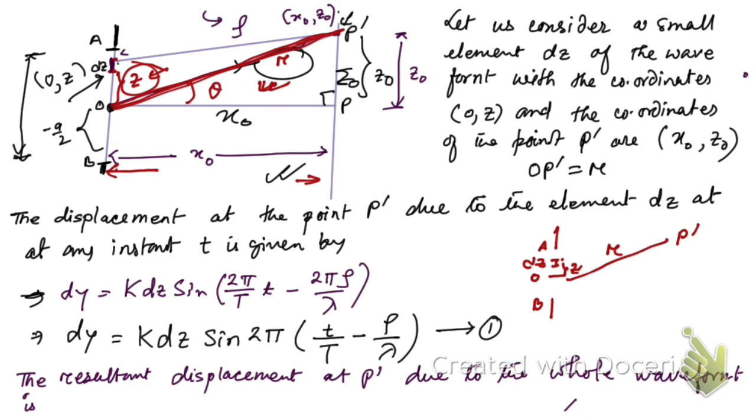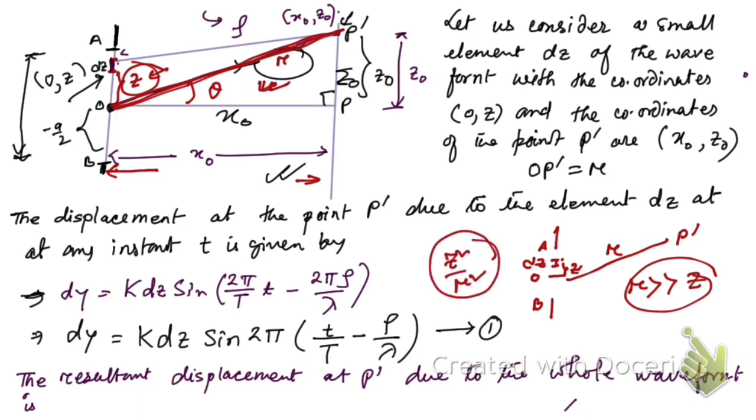So that's why we can say that r is very much greater than z, and we can neglect this term. Hope you have understood this.